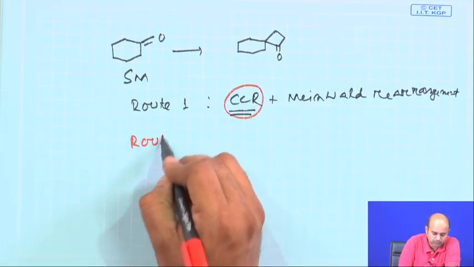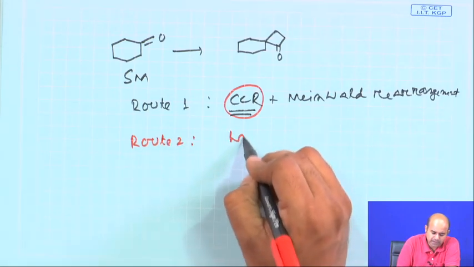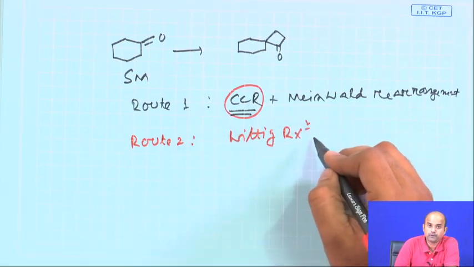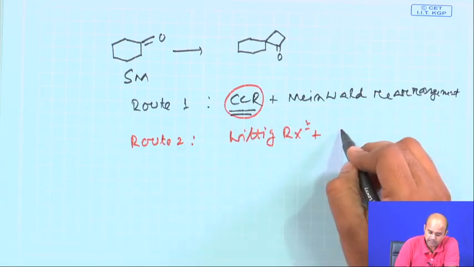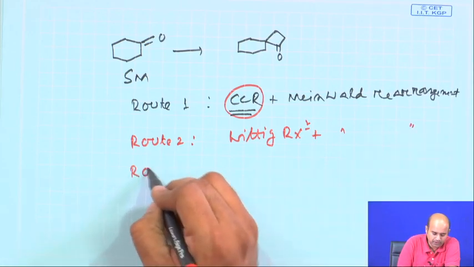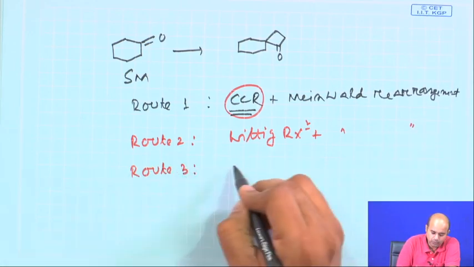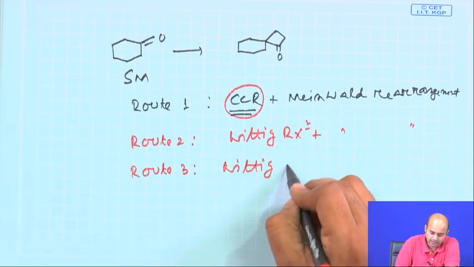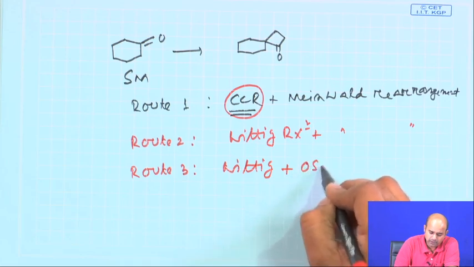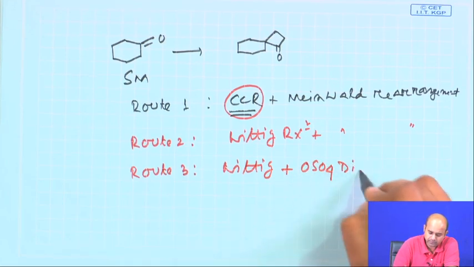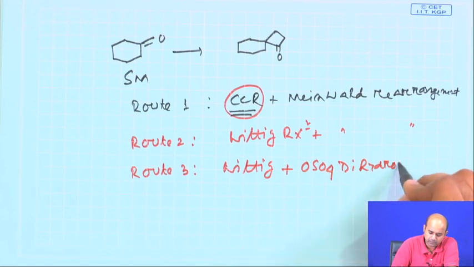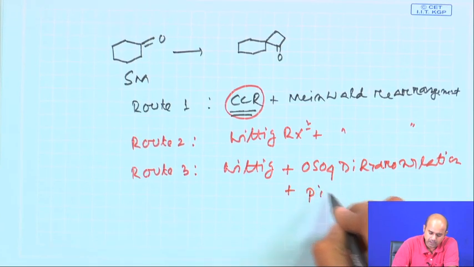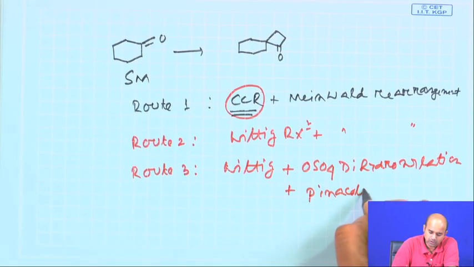Route 2: you do a Wittig reaction with the corresponding triphenylphosphine-based cyclopropyl halide and then a Meinwald rearrangement. Route 3: you do a Wittig, then an osmium tetroxide-mediated dihydroxylation, and then a pinacol rearrangement.